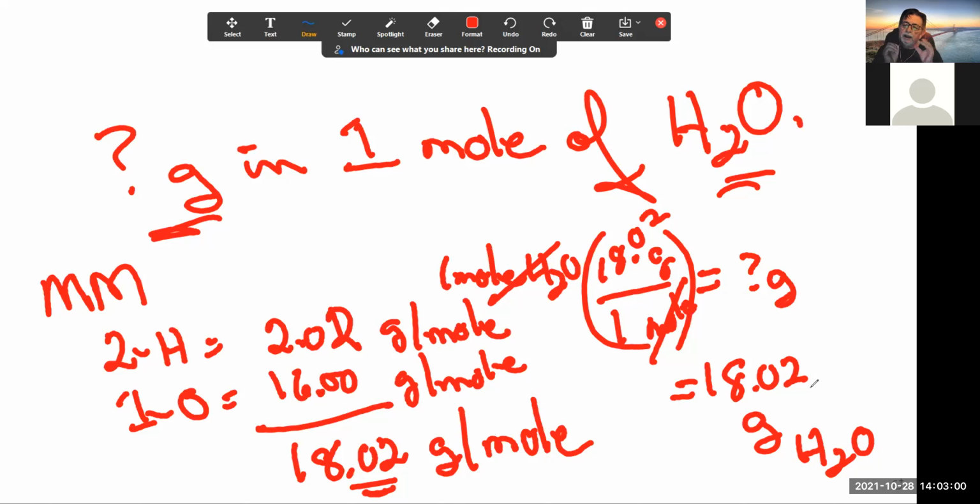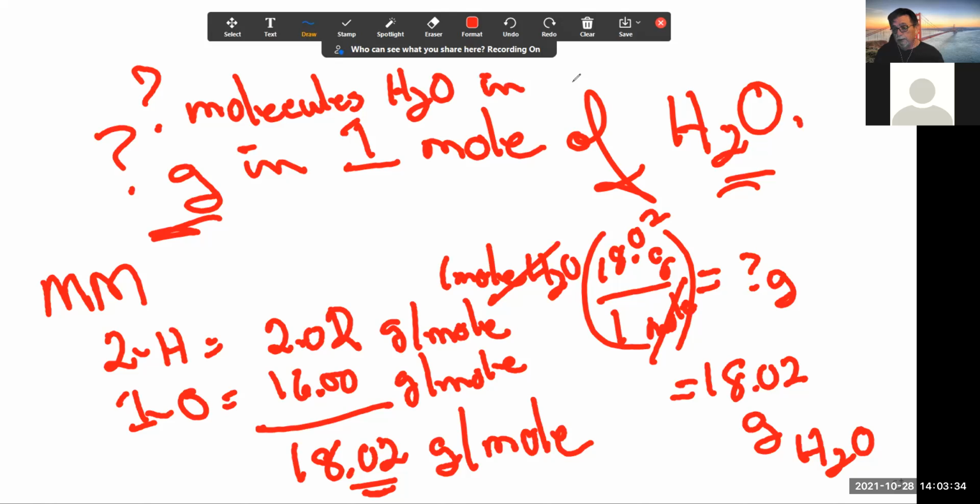Who can tell me how many molecules of water do I have in 1 mole of water? 18.02. No. That's how many grams. But how many molecules of H2O in 1 mole of H2O?